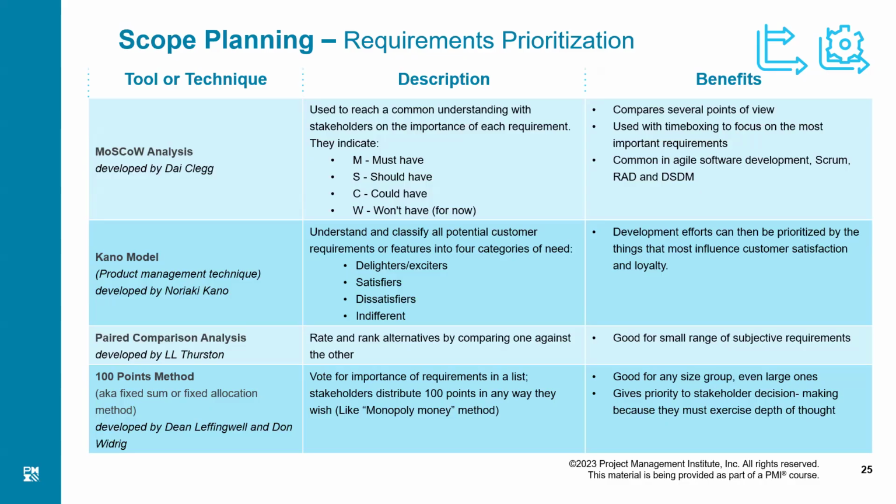So here, just like we had must have, we have delighters or exciters, those things which will excite the customer. That is a good thing. The next one is satisfiers. The third one is dissatisfiers. Now, what are satisfiers? It is a soothing job.